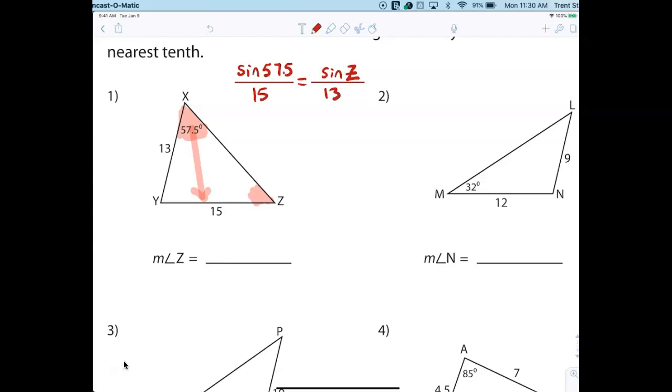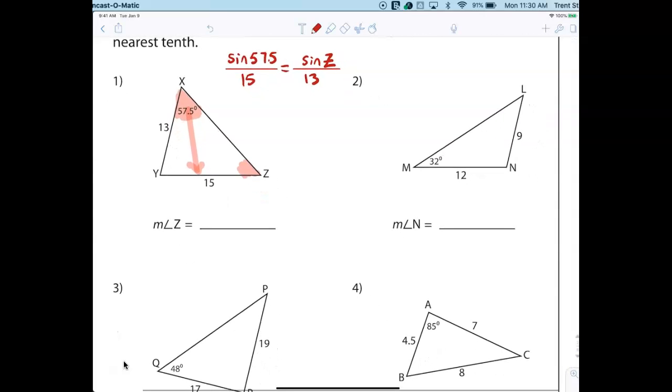Now, everybody is expected to cross multiply. So we're going to have sine Z is equal to 13 sine 57.5 divided by what? Divided by 15.